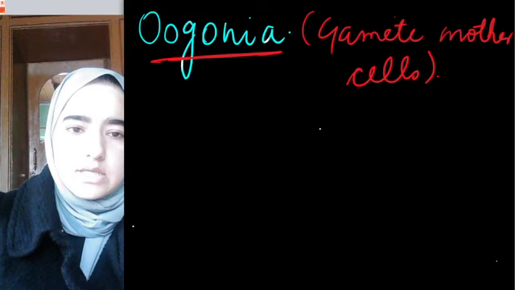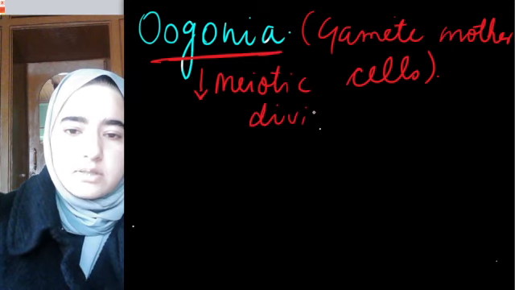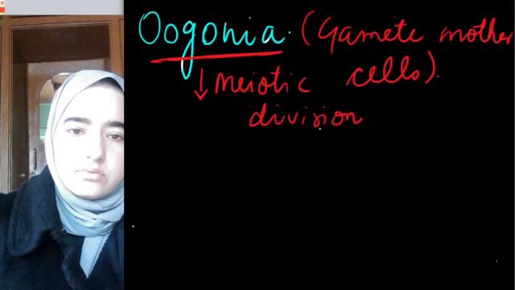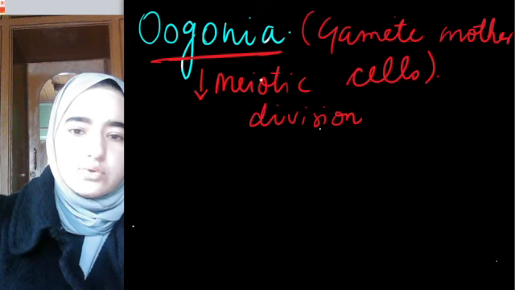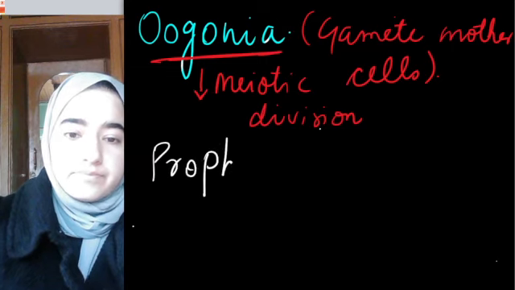Now what happens? These oogonia cells will start a division known as meiotic division. But since they are in embryonic development, these cells will get arrested at prophase.